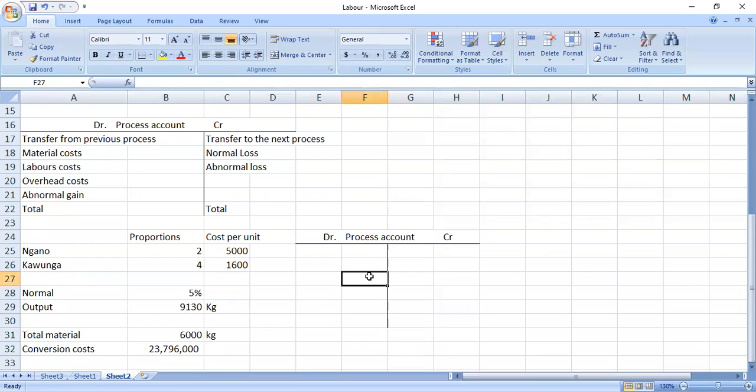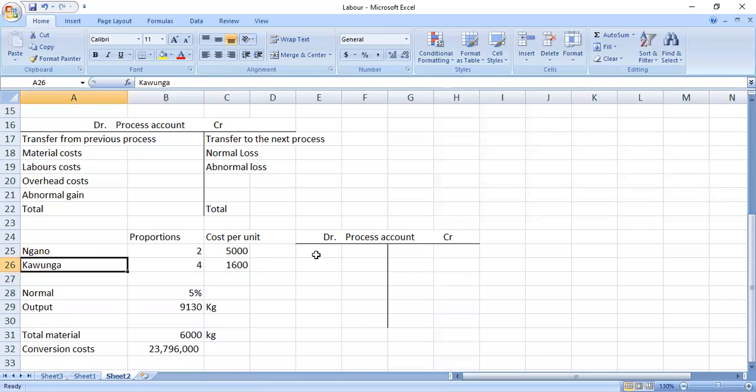Okay. So I was saying, our first task is to determine the material costs. Given the process, we're given materials as ngano and kaunga. You may want to split that, to show clearly that the materials we incurred were ngano and kaunga.